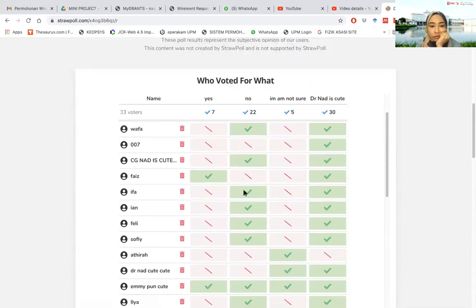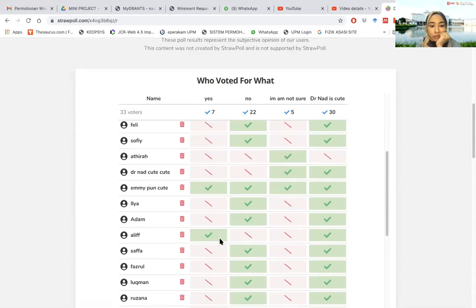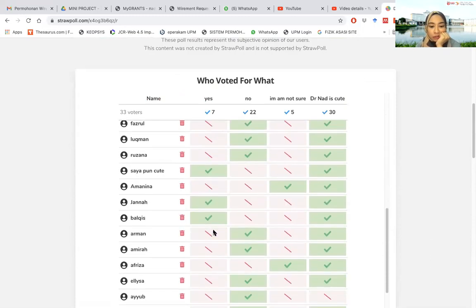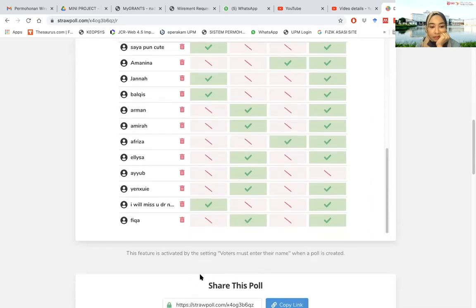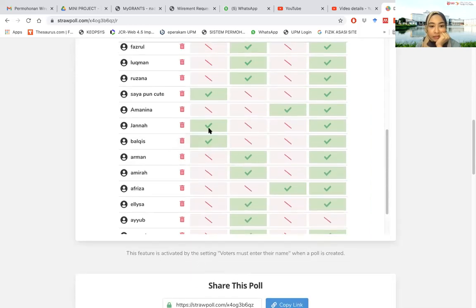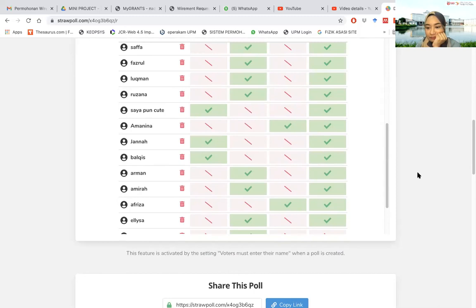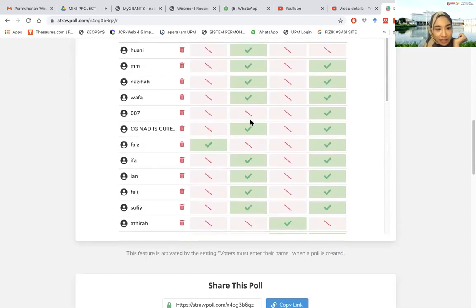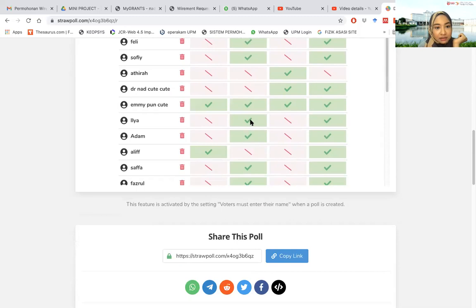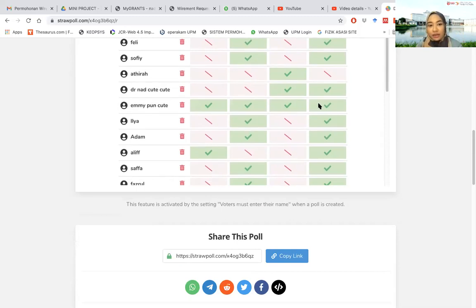Jawapan dia no. Ada orang jawab yes. Amy jawab yes. Alif jawab yes. So siapa lagi nak jawab yes? Balkis, Jana jawab yes. Oh, Amy jawab semua ke? That's not fair. Jangan ikut Amy.